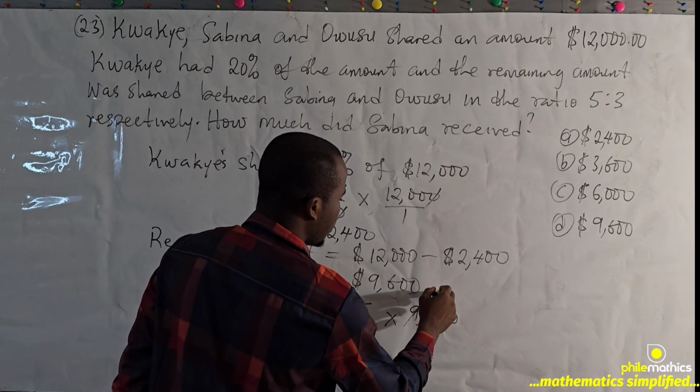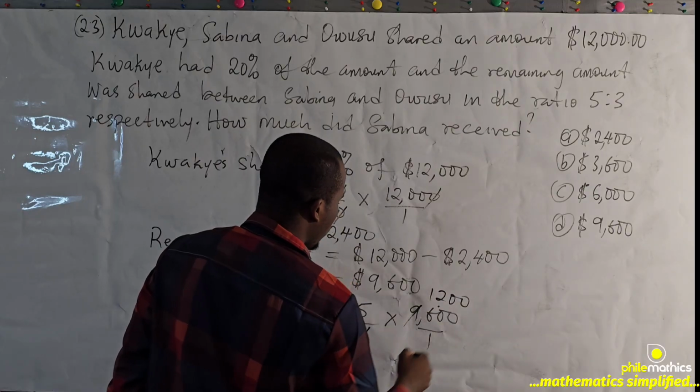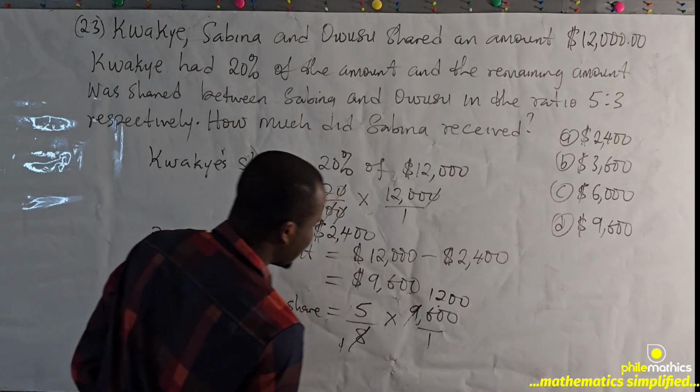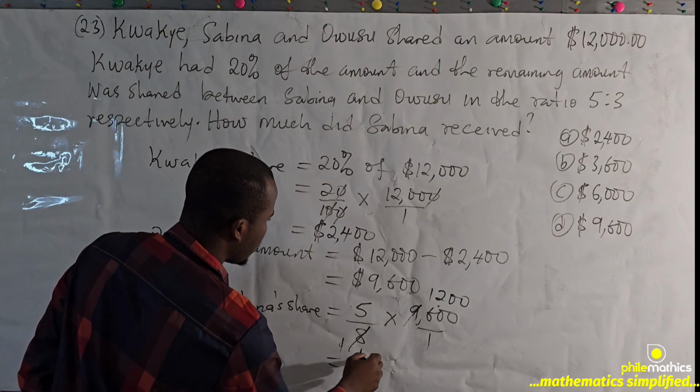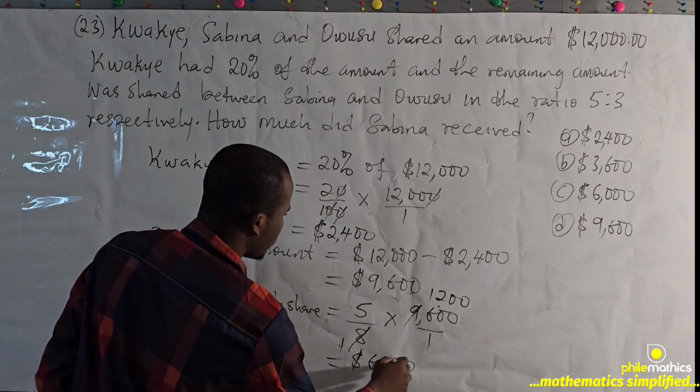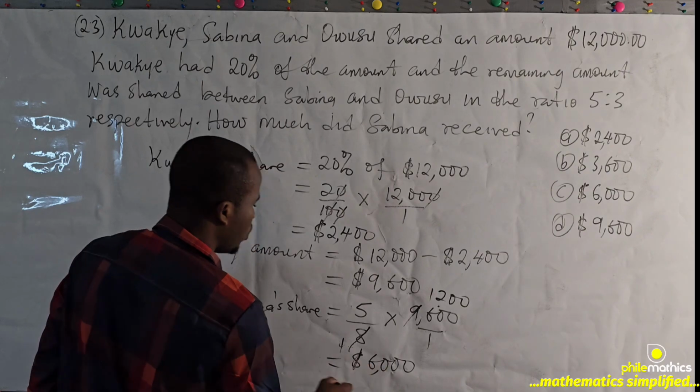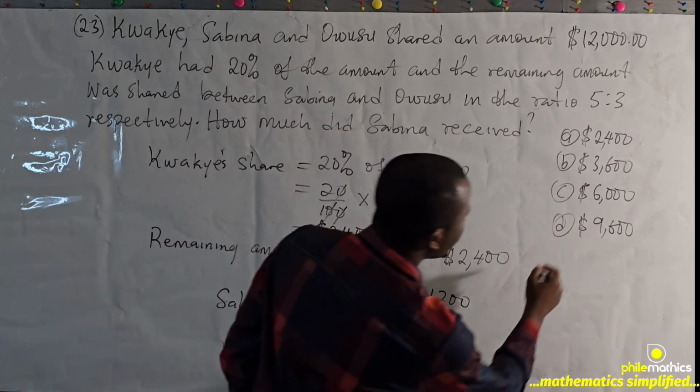Into 16 is 2, 0, 0. So 5 times 1,200 is $6,000. So this was Sabina's share, which is C.